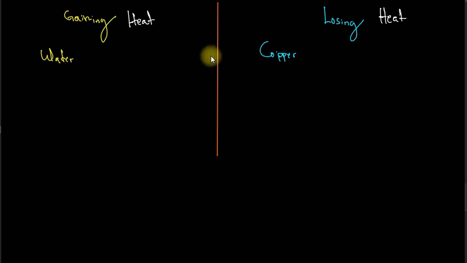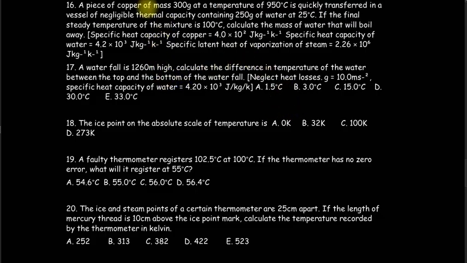You just organize your work. So now we're going to write all the parameters. For copper, the mass is 300 gram, the temperature 950, and the specific heat capacity of copper is 4 times 10 to the power 2.